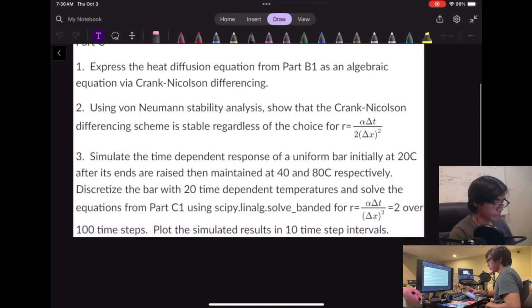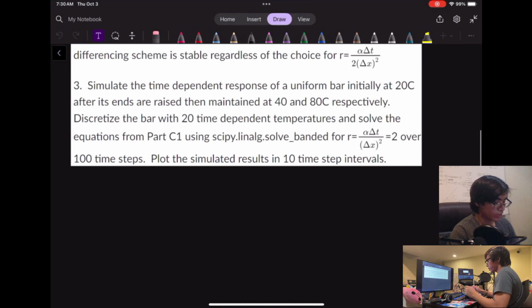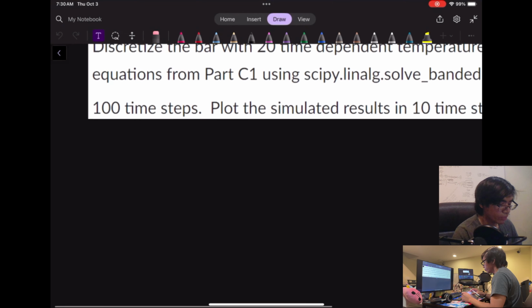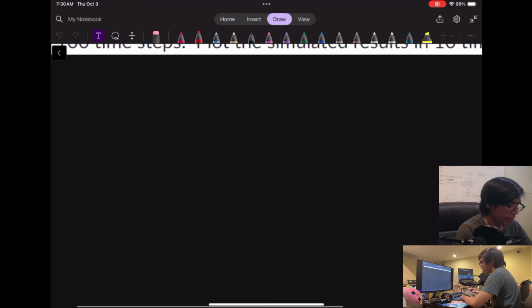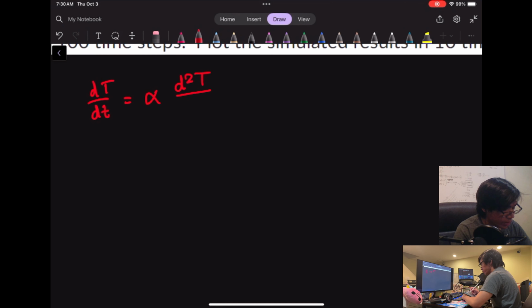I'll go ahead and rewrite what we had before, since we already derived that. Remember, we were coming from this equation of our change of temperature with respect to time. Again, these are partial derivatives, had our thermal diffusivity, and then our second derivative with respect to position, obviously squared.